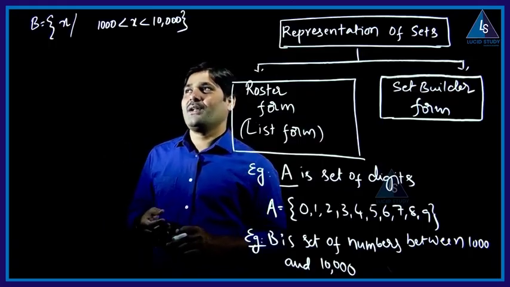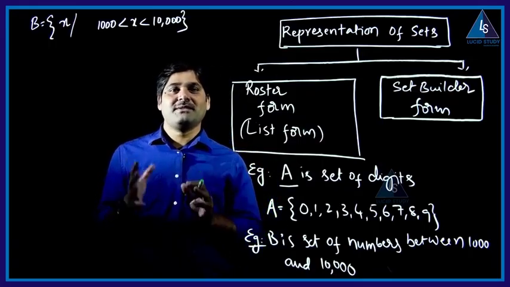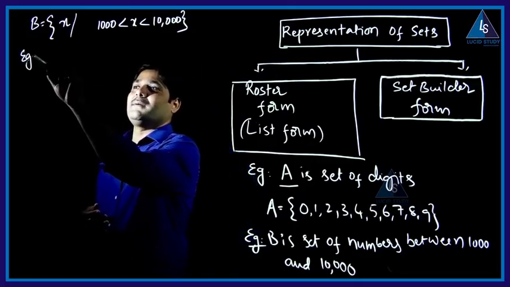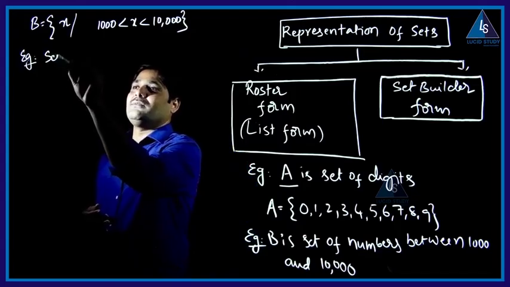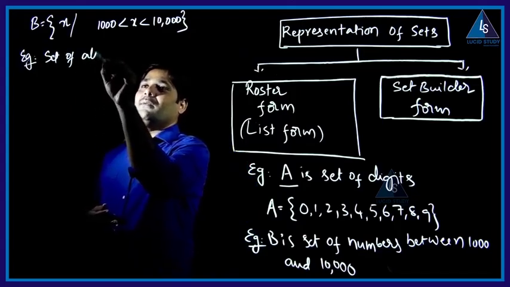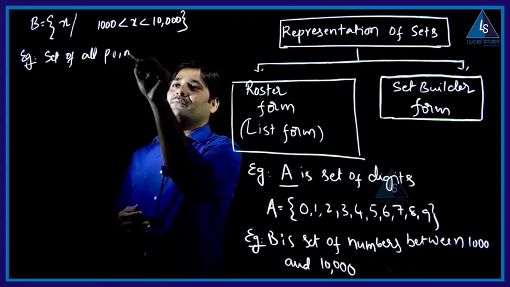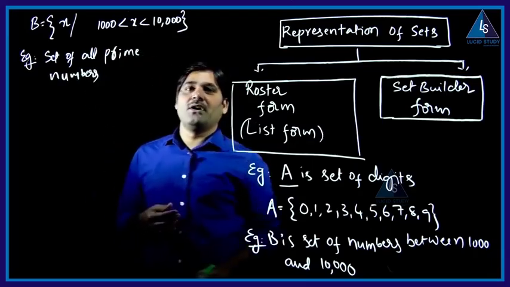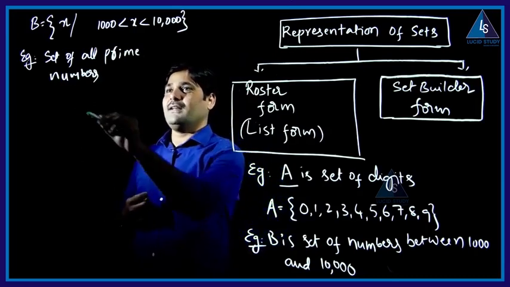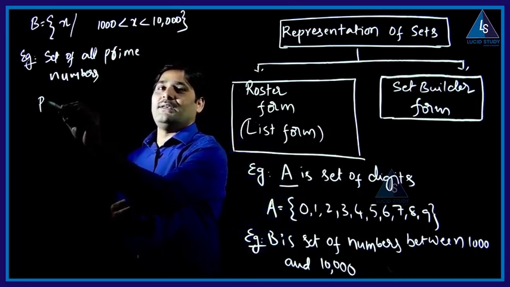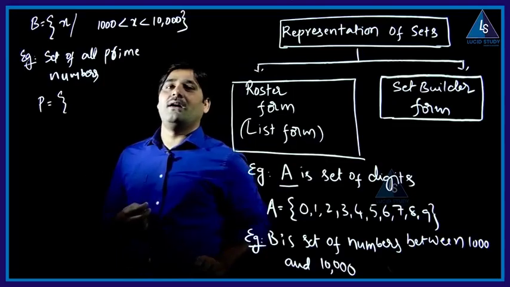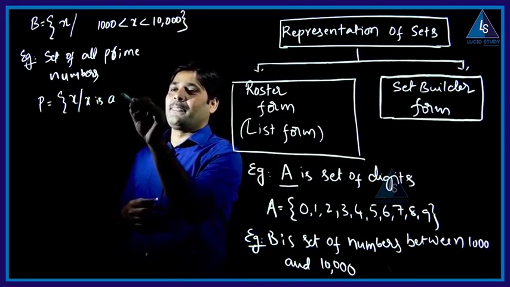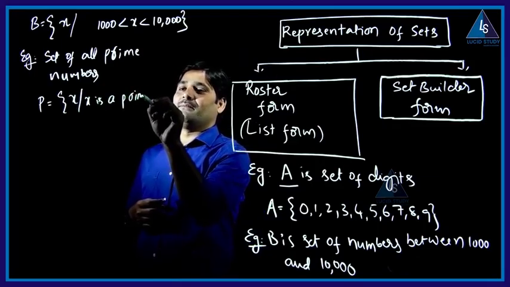One more, if I want to represent all prime numbers in a set. One more example I will take: set of all prime numbers. I will represent this set as P. P is equal to x such that x is a prime number.